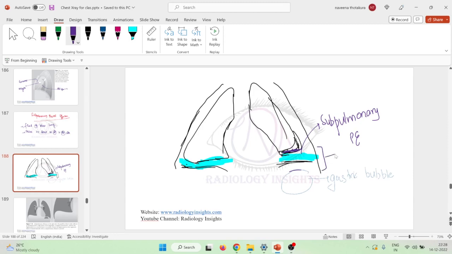But in subpulmonic pleural effusion, the space between the lower border of the left lung and the gastric bubble is increased.